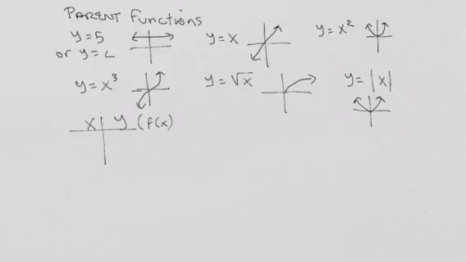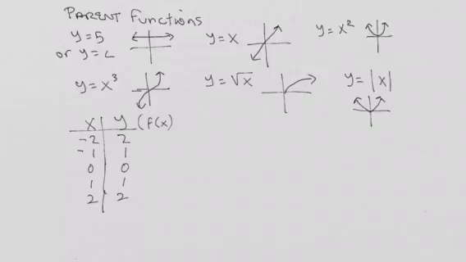When x equals negative 2, the absolute value of negative 2 is 2. When x equals negative 1, the absolute value is 1. When x equals 0, the absolute value of 0 is 0. When x equals 1, it is 1. And when x equals 2, the absolute value of 2 equals 2. And you can see how we're starting to create this graph using this table.